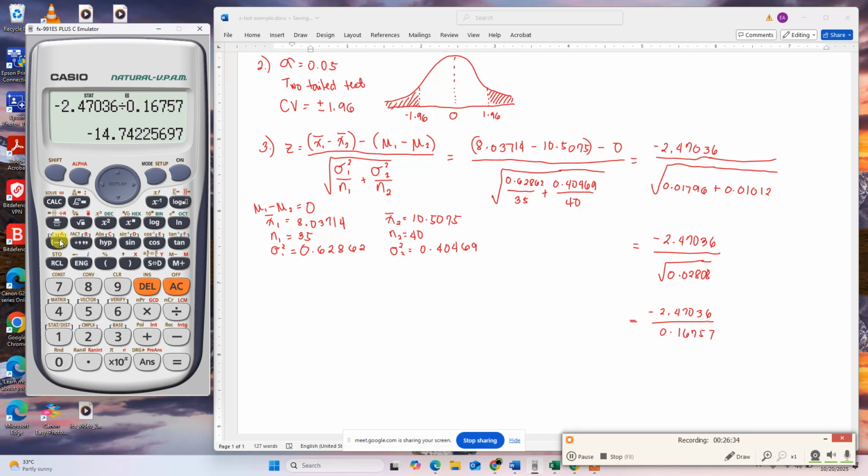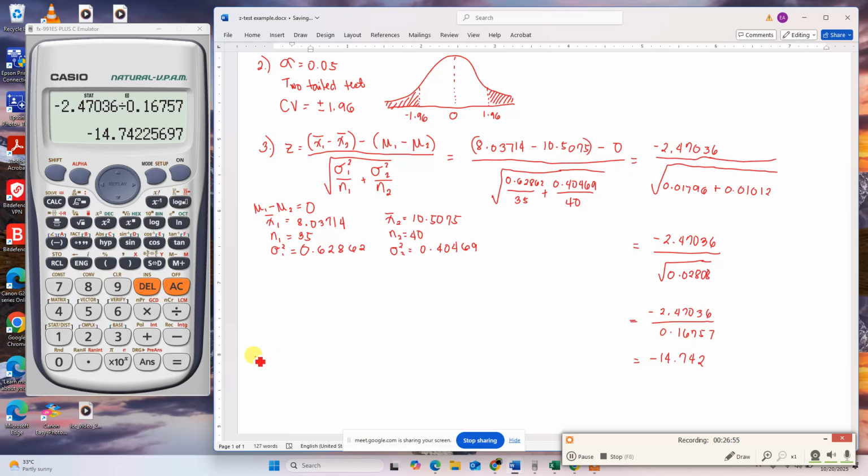Here in this case we round off to three decimal places. So negative 14.742.